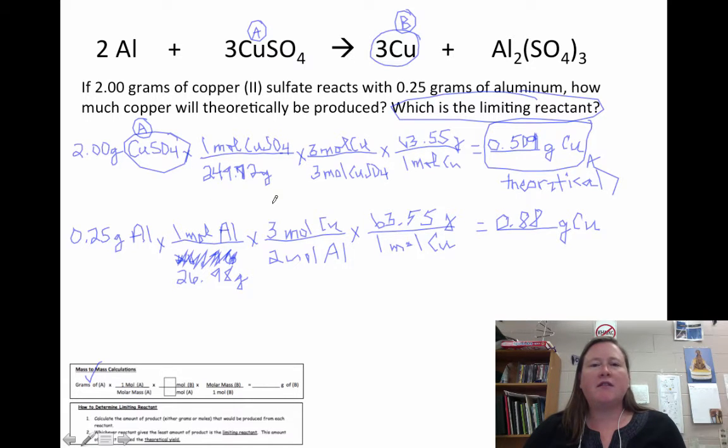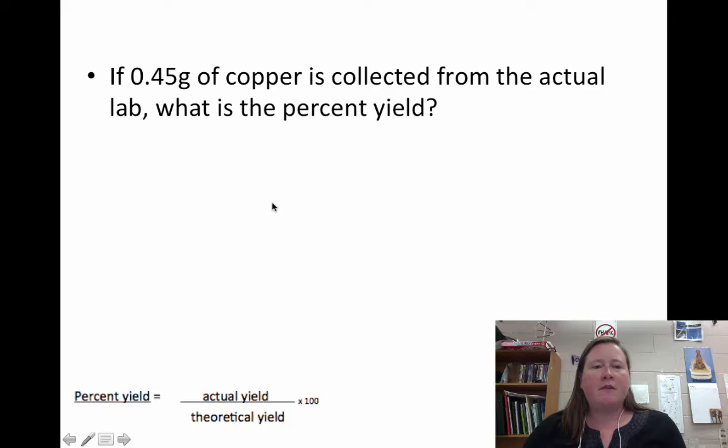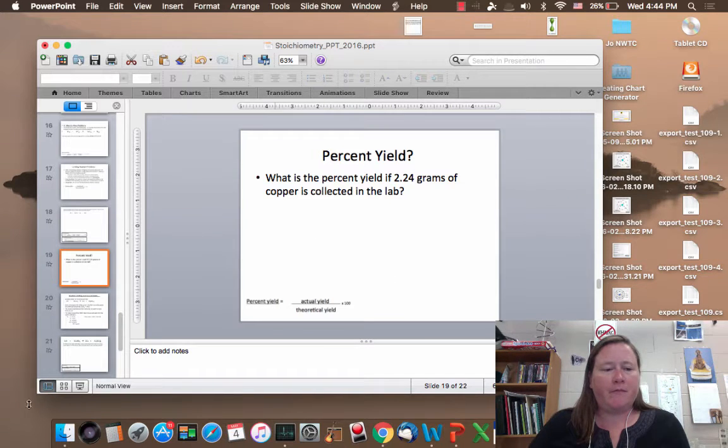So another percent yield calculation: if 0.45 grams of copper is collected from the actual lab, what is the percent yield?